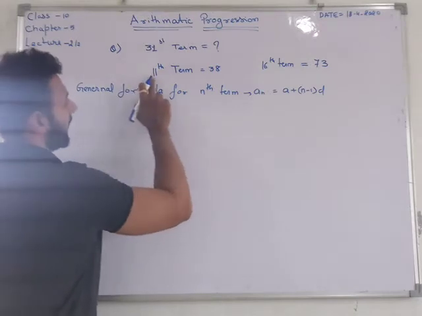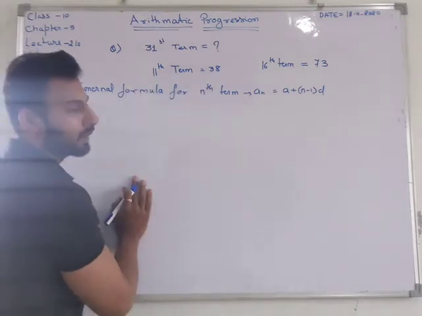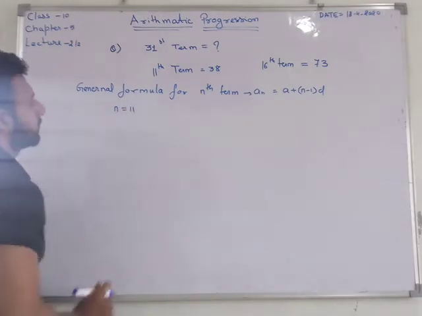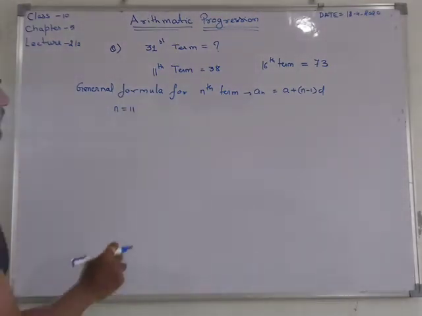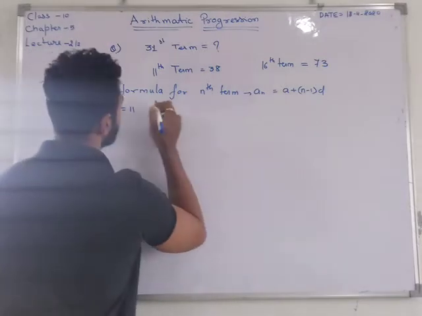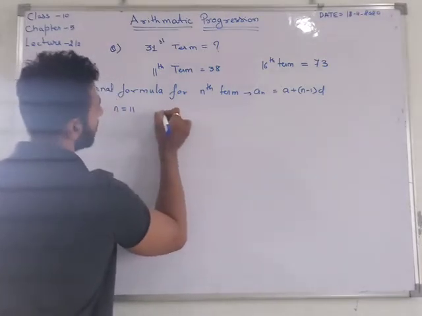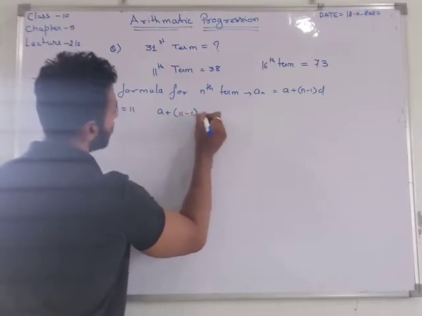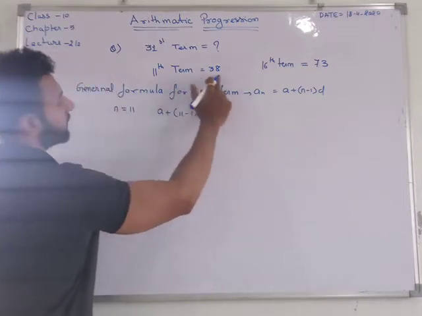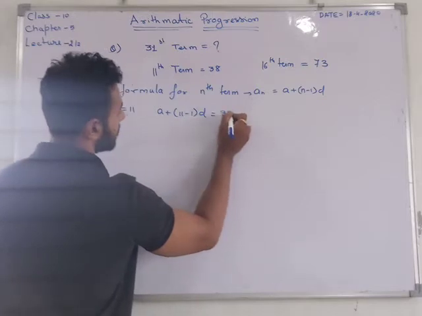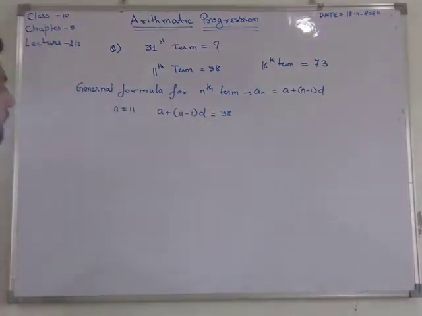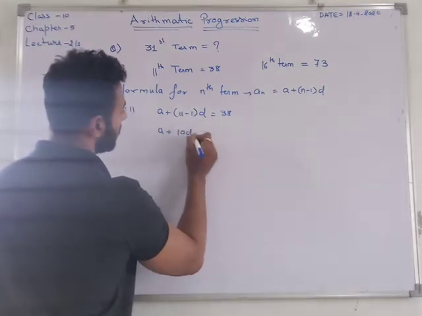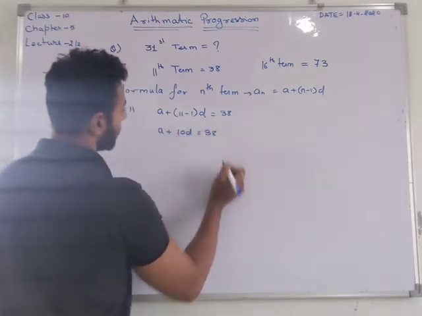Now, here the 11th term is 38, so n is equal to 11. Substituting this value in the general equation, a plus (11 minus 1) into d, and the 11th term is 38, so it is equal to 38. a plus 10d is equal to 38.